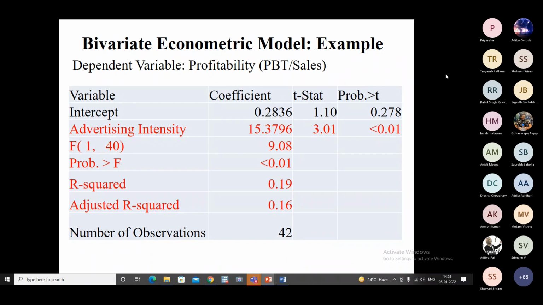R square is basically an indication of explanatory power of the model. To what extent the estimated model can explain variations in the dependent variable. So here, for example, this estimated model explains 19% of variations in the dependent variable, that is profitability.